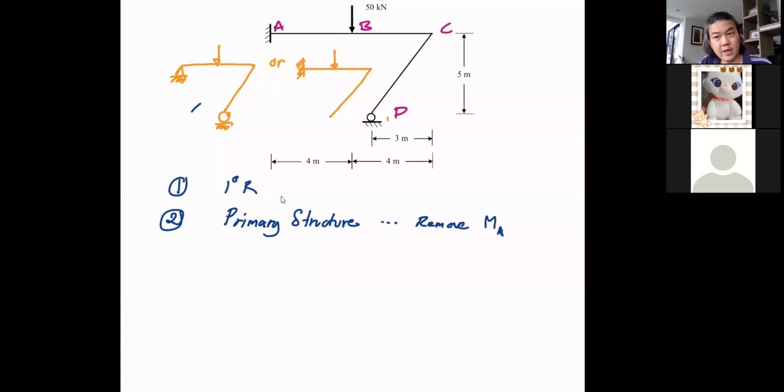When you remove the reaction that is a moment, now you're going to have rotation. Okay, so our primary structure becomes this one.